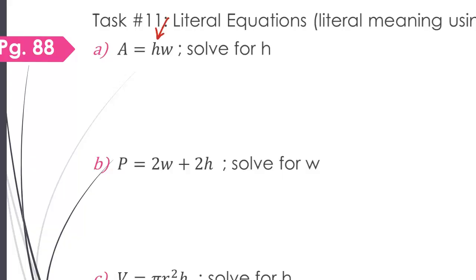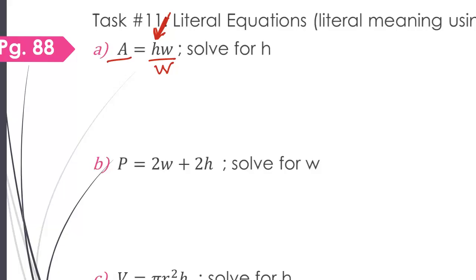So A equals HW, solve for H. I want to get H by itself. Okay? What's happening between H and W? Multiplied. So I need to break that bond of multiplication and divide. What am I dividing by? W. Whatever you do to one side, you have to do to the other.